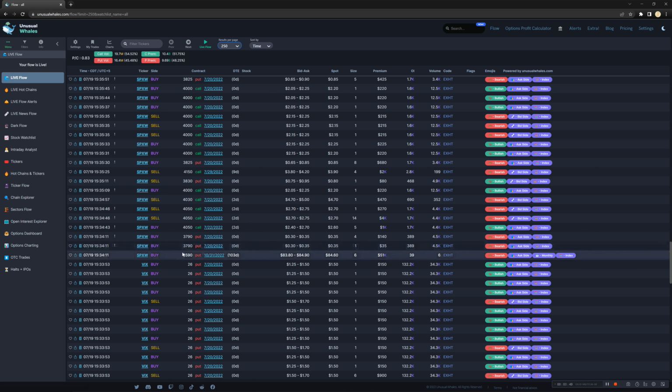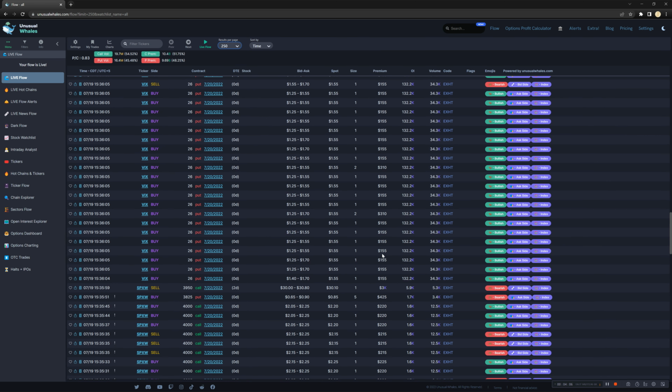The strike price was $3,590. Expires in 103 days. He spent $84 a contract. He bought 6 contracts and he spent $51,000 doing it. That's a pretty hefty move. It's a pretty hefty move to make into this market.